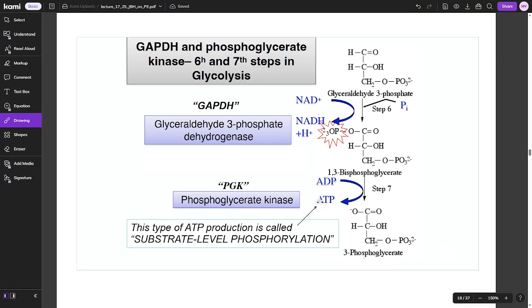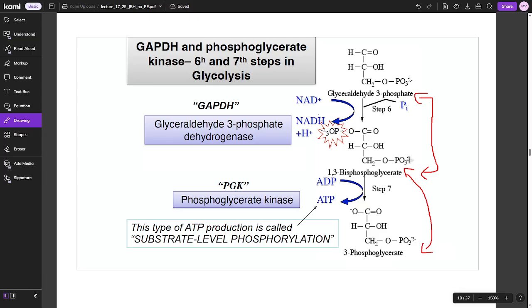Here is now where we get to the coupled step. So I just said that going from this to this is not very favorable. The plus delta G, not favorable. But this reaction going from 1,3-bisphosphoglycerate to 3-phosphoglycerate is very favorable, very negative in delta G. And if we couple these two reactions, basically we make them occur in quick succession, this overall reaction, if we add these two together, is quite favorable.